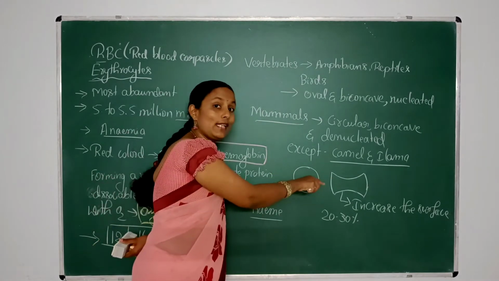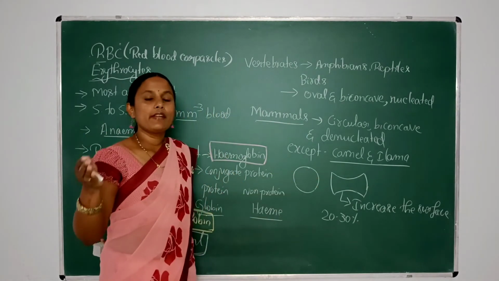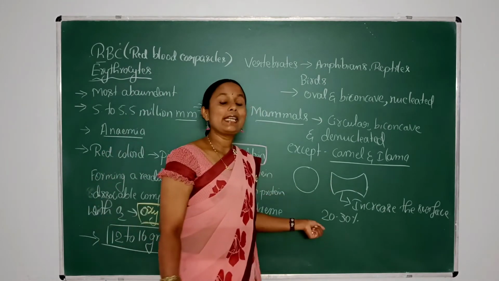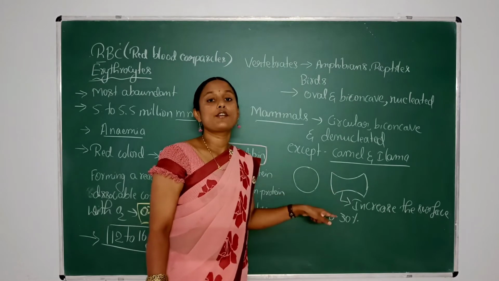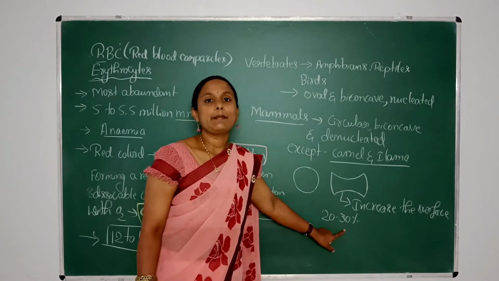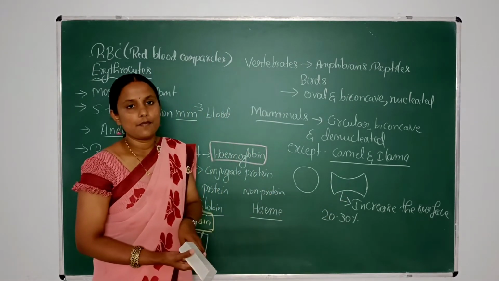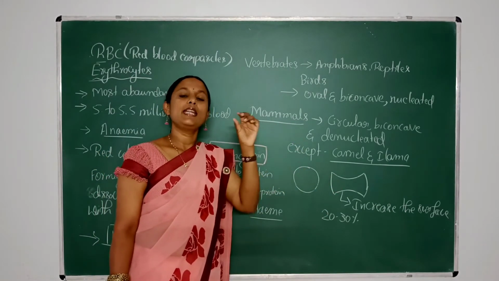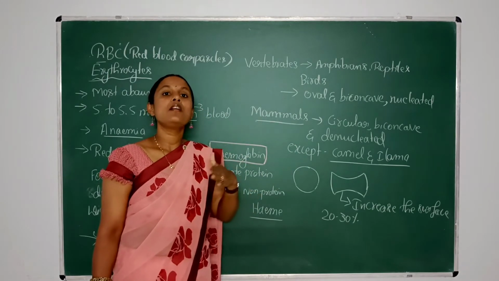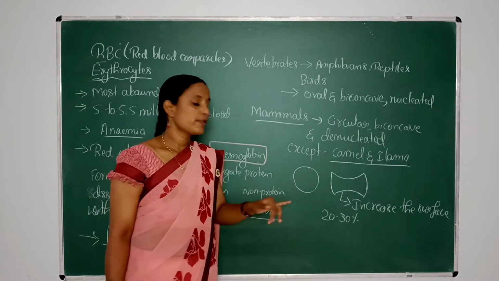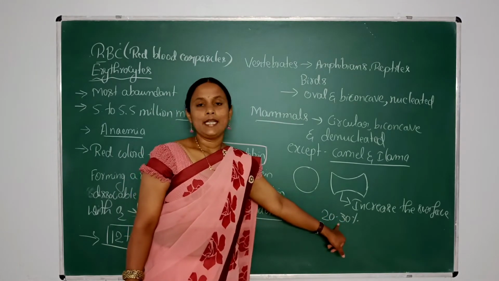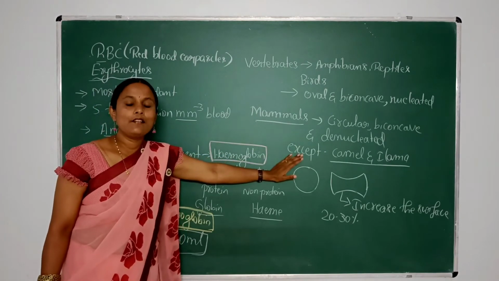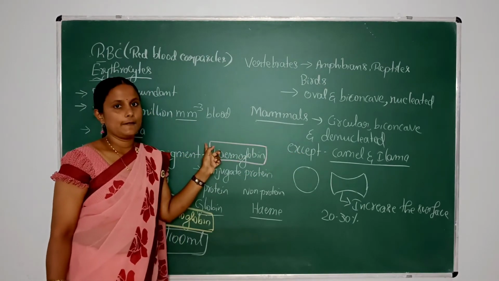Hemoglobin will carry the oxygen, that is the first part. But this shape increases the formation of oxyhemoglobin by 20 to 30%. It may be asked in competitive exams: the biconcave shape, why is it significant? Because it increases the surface area for the supply of oxygen to tissues by 20 to 30%. So that is the general thing we should know about the RBCs.